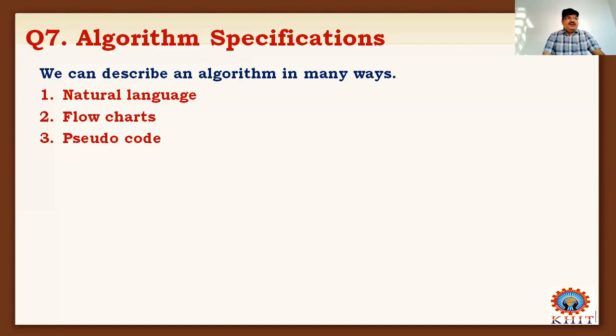Pseudocode is a language that can be written by a software designer or software architect. Once the pseudocode is prepared, based on the pseudocode only, the program will be developed and tested. There are some rules and guidelines framed for preparing pseudocode. These good guidelines will help you a lot in writing better algorithms.